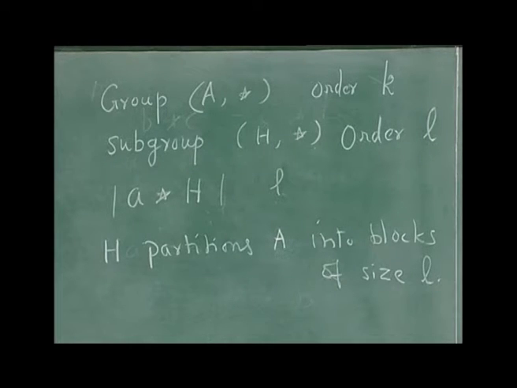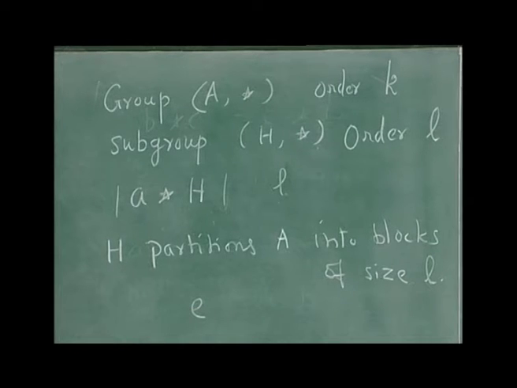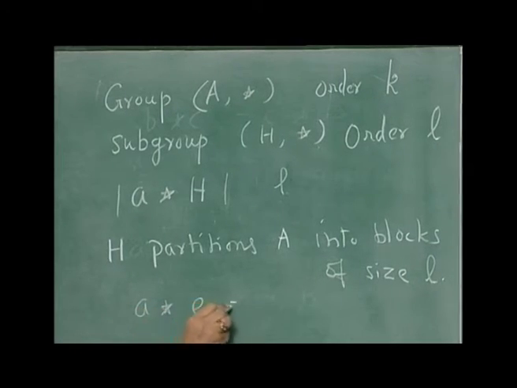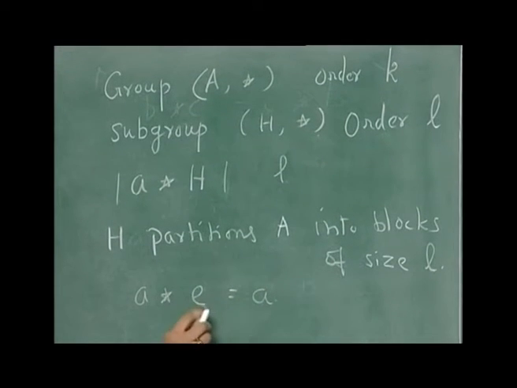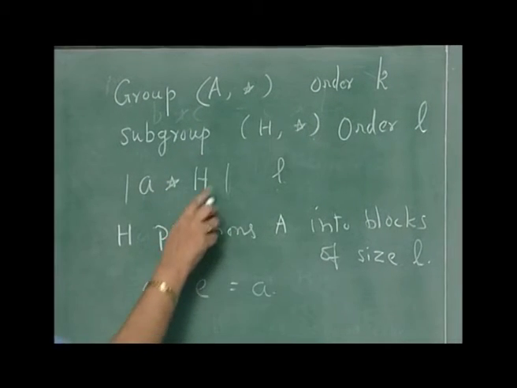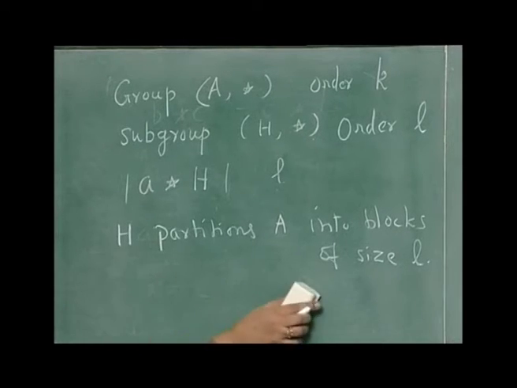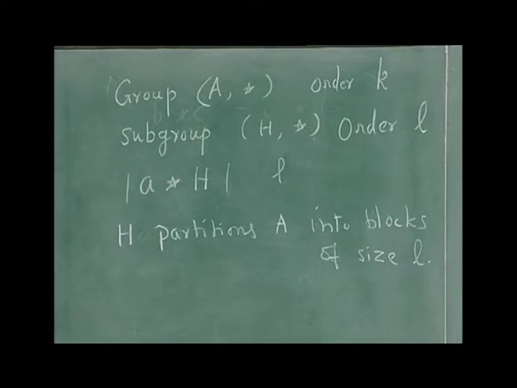Every element of A will belong to one of these left cosets, because H contains the identity element. If you take any element A, A star E is equal to A, so every element A belonging to A will be in one of the left cosets. So, H partitions A into blocks of size L.